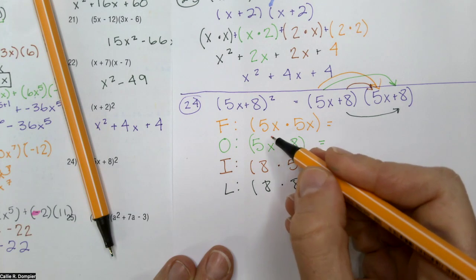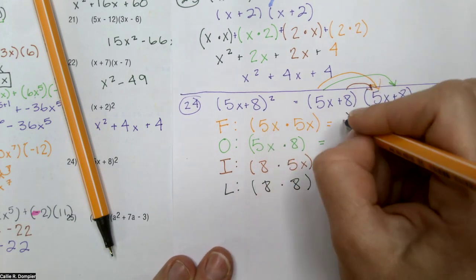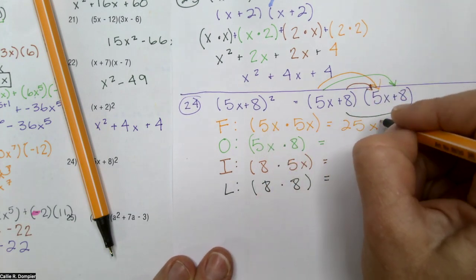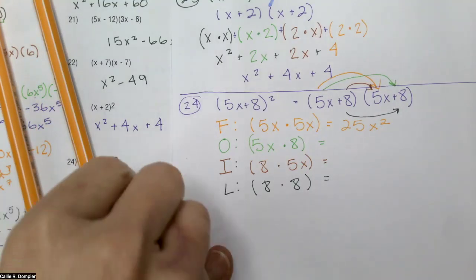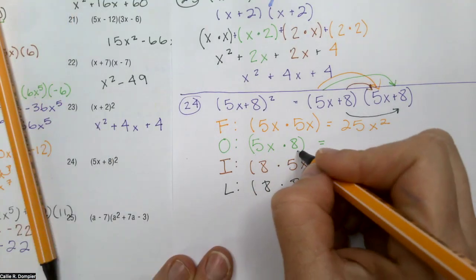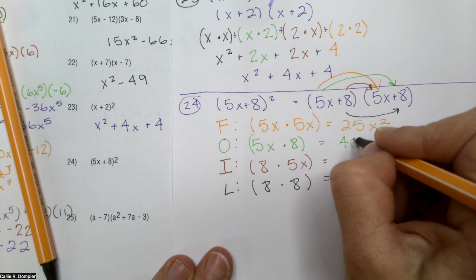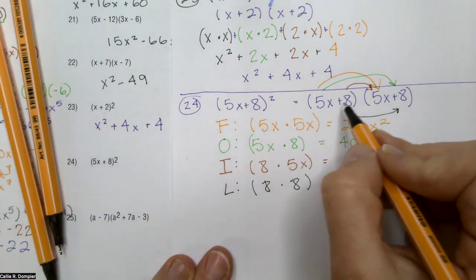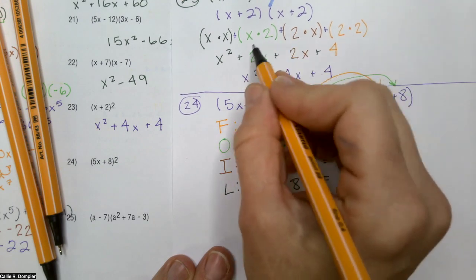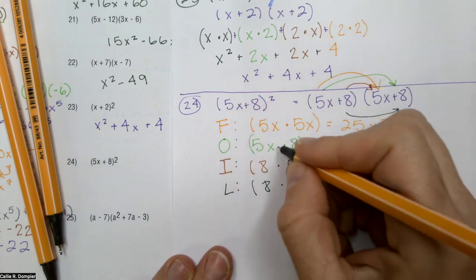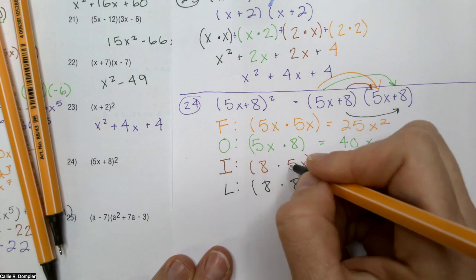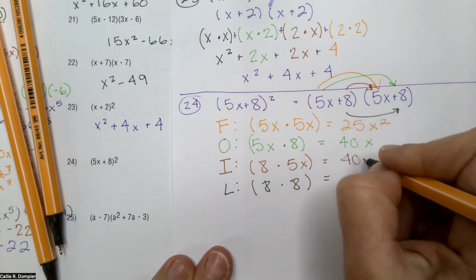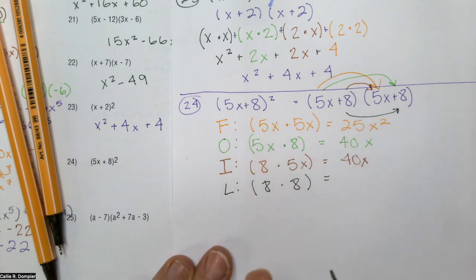Right here, we're going to multiply the coefficients. 5 times 5 is 25. x times x is x squared. Next, multiply the coefficients. 5 times 8 is 40. But there's one x. Because these are the same, those middle two terms are always going to be the same. 5x times 8 is 40x. 8 times 5x is 40x. So the only difference was the terms switched places.